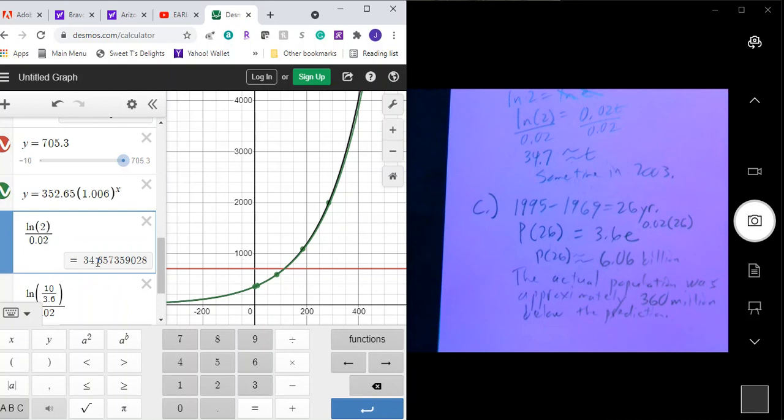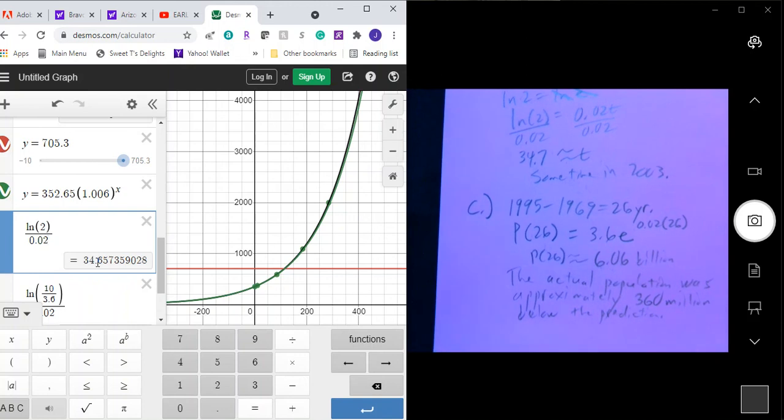Okay, because remember, they gave it to us in the directions when it said that the population was approximately 5.7 billion, but we were supposed to come out with 6.06 billion. So that's approximately 360 million below the prediction.